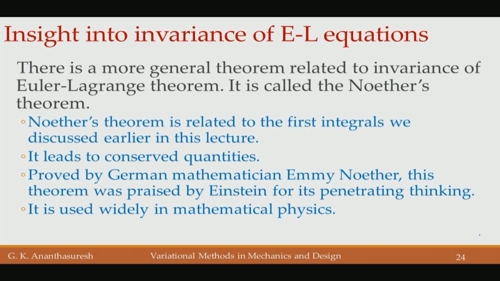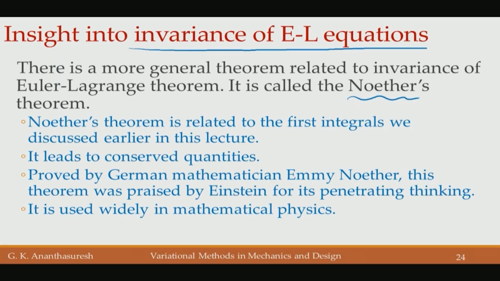So, when we have this invariance of the Euler-Lagrange equation that we just talked about, there is a more general theorem which is named after a woman mathematician by name M.E. Noether, who was a contemporary of Einstein and a lot of other great people of that time.